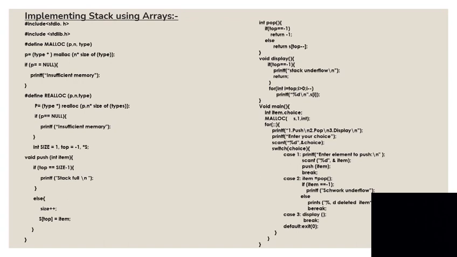As I said before, if top equals minus 1, that is the stack underflow condition. If not, we are printing the elements of the stack using a for loop. Here we are using a for loop to print the stack elements within that range. Hence, the display method will print the elements of the stack.